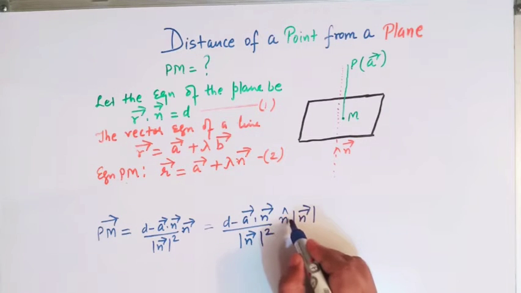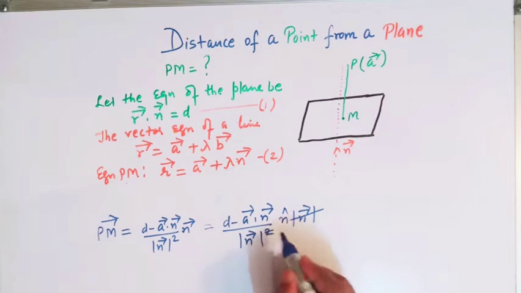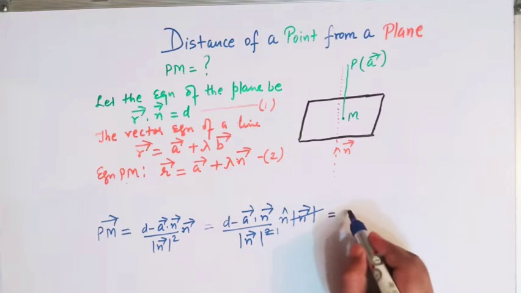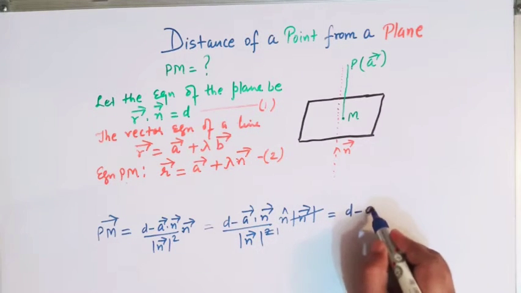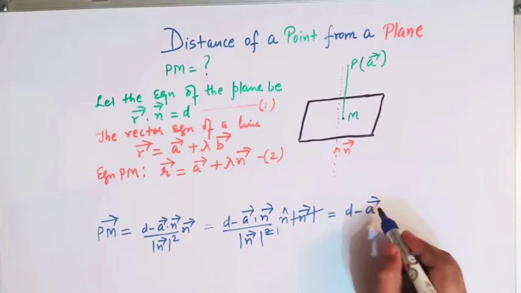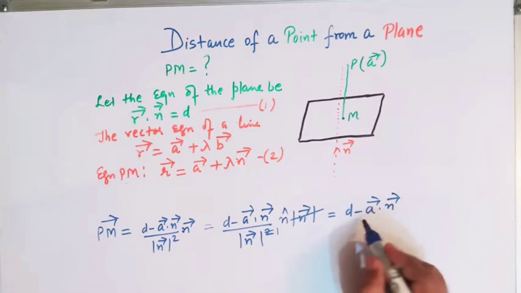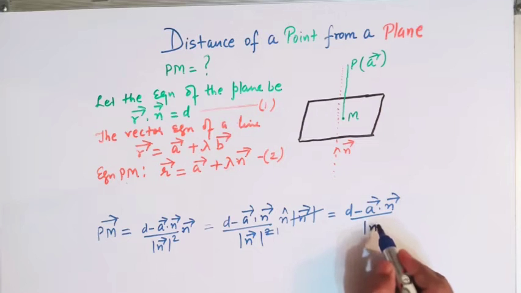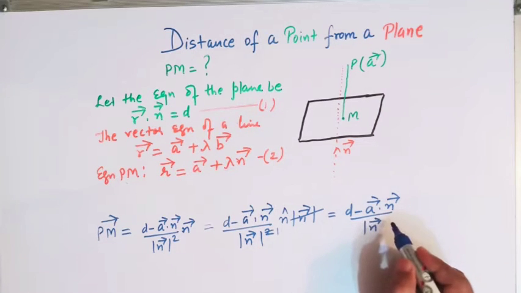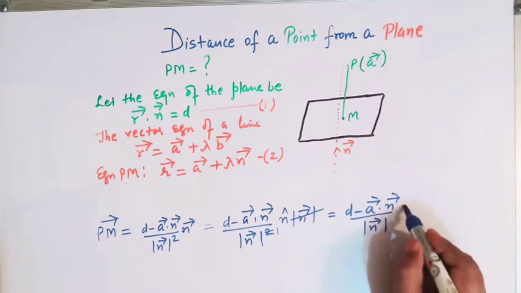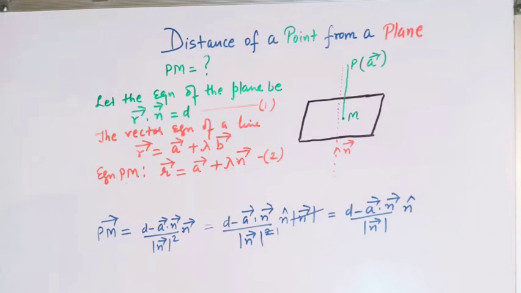So this term and this term get cancelled, and so this can be written as d minus vector A dot vector n divided by the magnitude of vector n, times n cap.